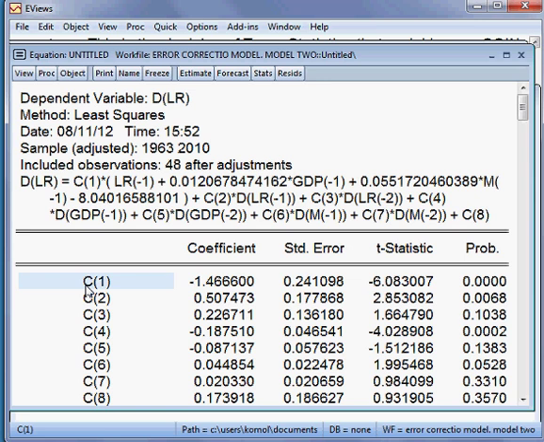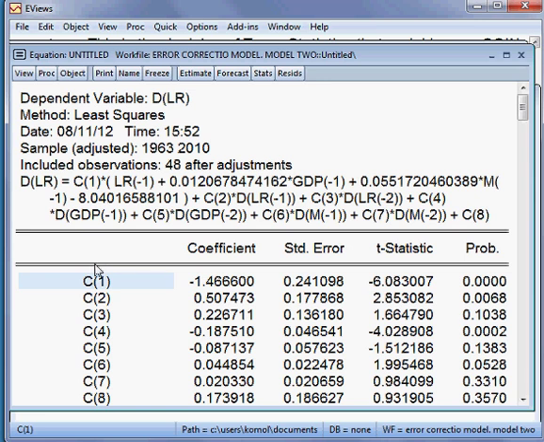The coefficient of this error correction term should be significant and also should be negative. And here we can see the coefficient of C1 is negative, right? So we are happy about it. And also the p-value is 0, meaning that it is significant, meaning that the error correction coefficient is significant and the coefficient is negative. So we are happy about it.